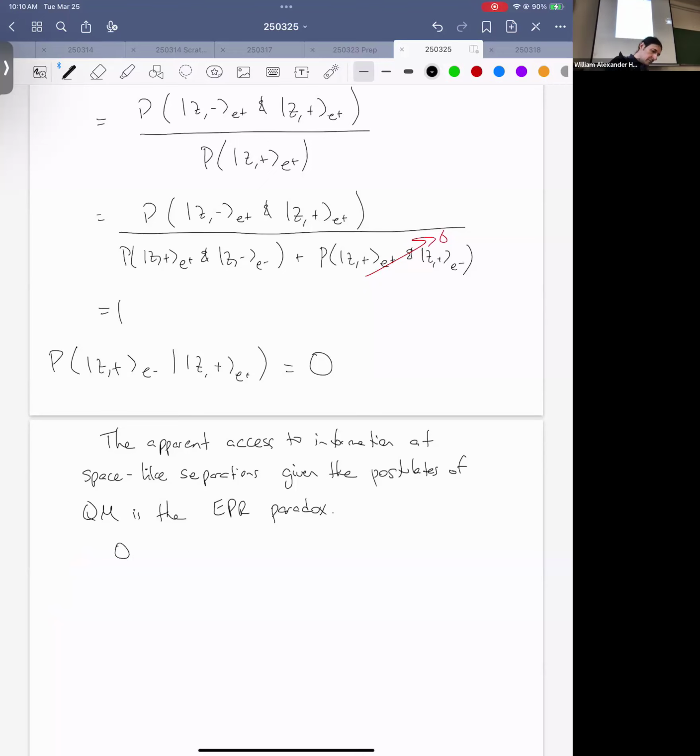So one could resolve the EPR paradox if quantum mechanics is an incomplete theory.